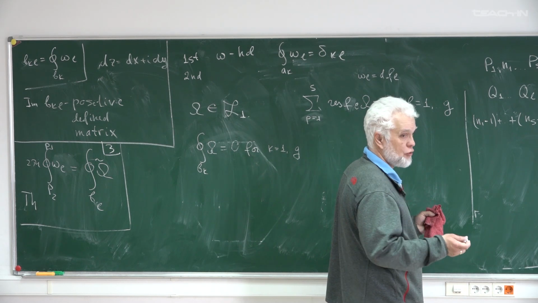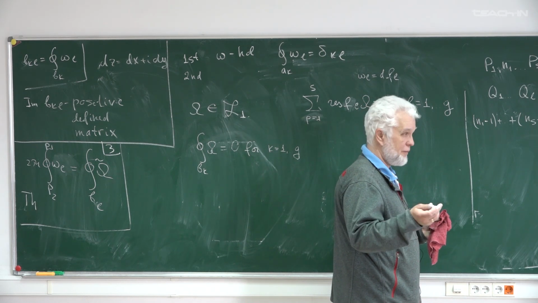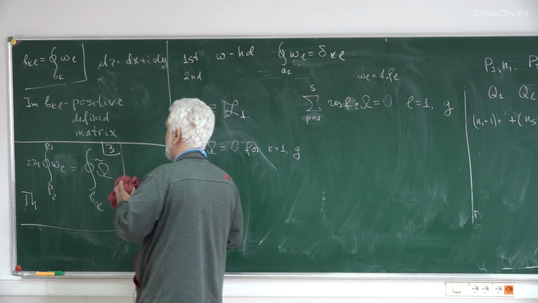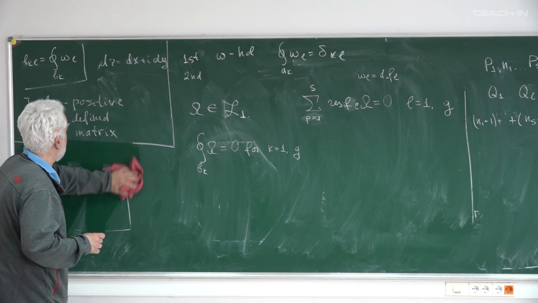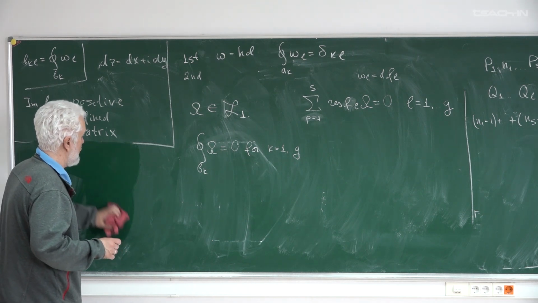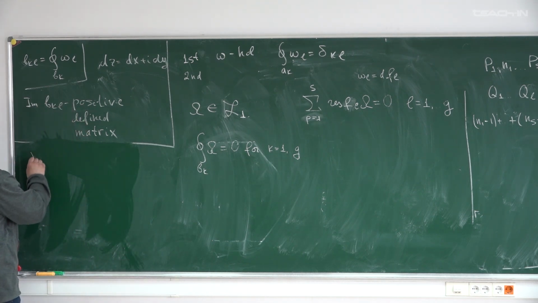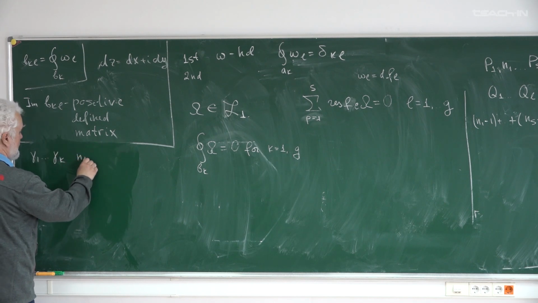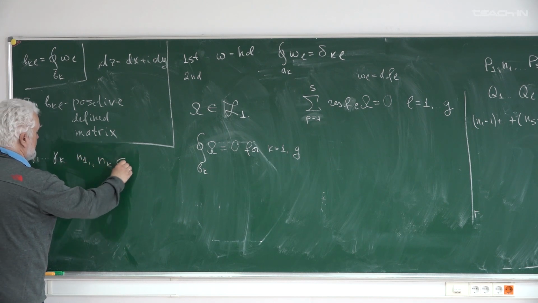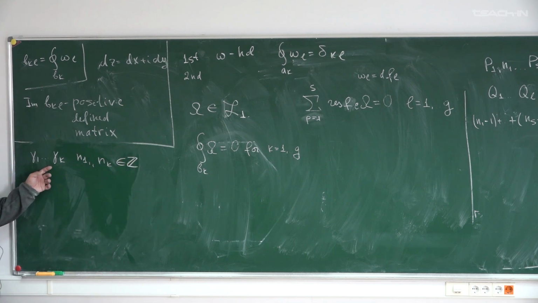Assume that we have a collection of points gamma_1, ..., gamma_k, and k integer numbers.